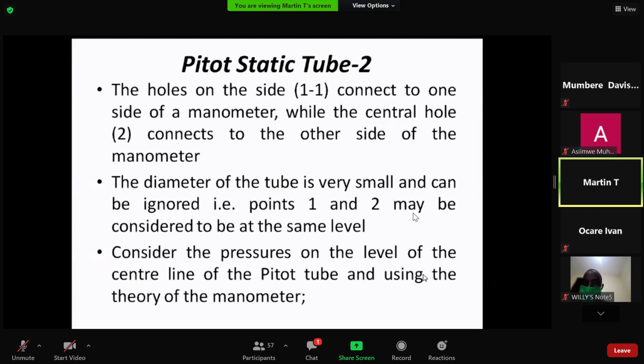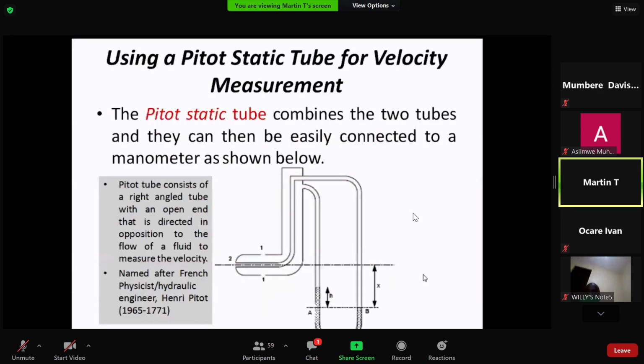So if you consider the pressures on the level of the center line of the pitot tube, that is at this center line, marked by a height x from point B. So we are putting a manometer. What we want from a manometer is just a head difference.